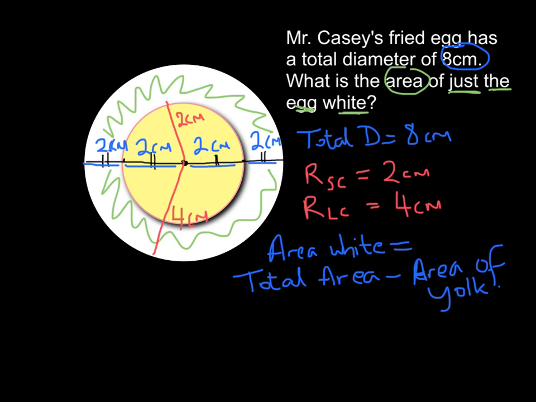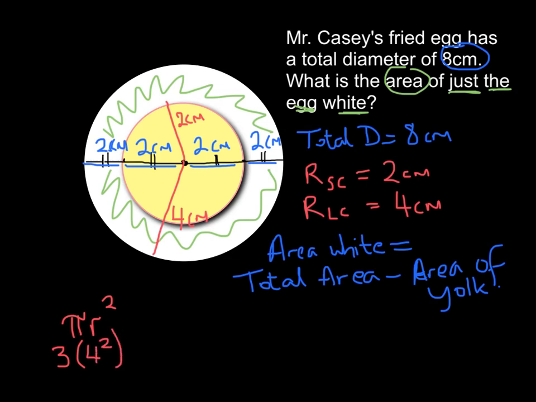So we would apply our formula. I'm not going to finish it off, I'm just going to show what we do. So the area of the white is going to be pi r squared. So the pi r squared for the white is going to be 3 times the radius of the white, which is 4 centimeters, squared.